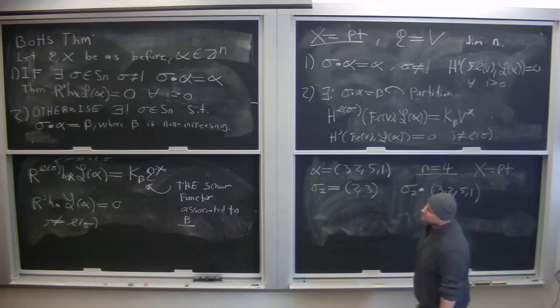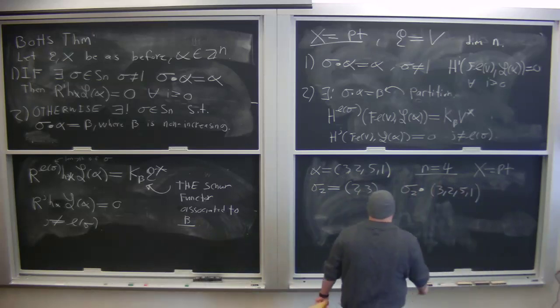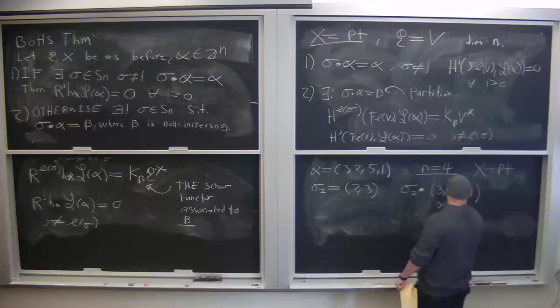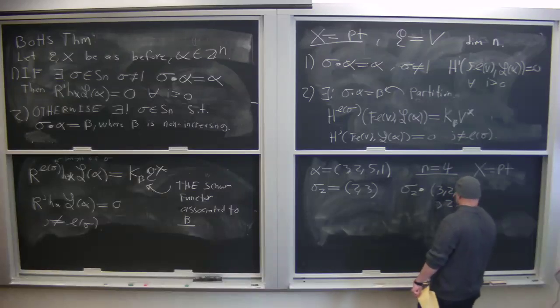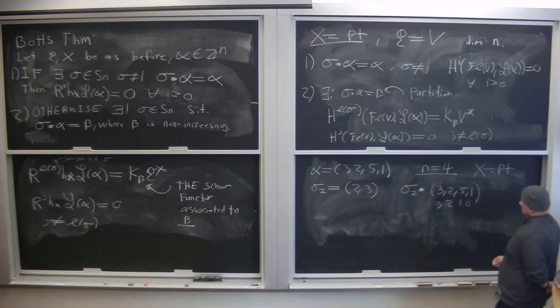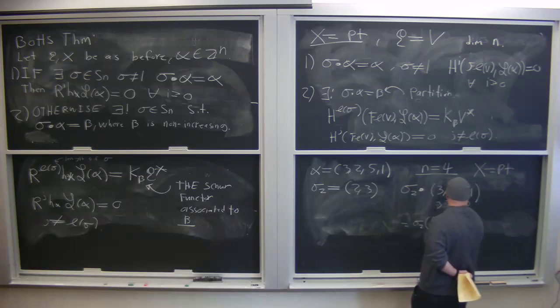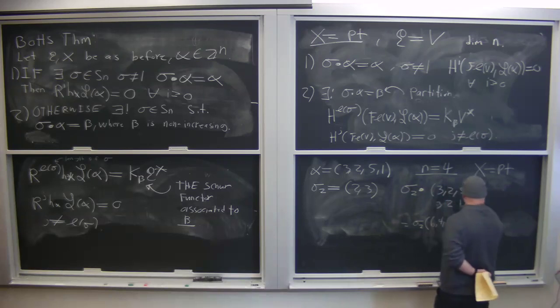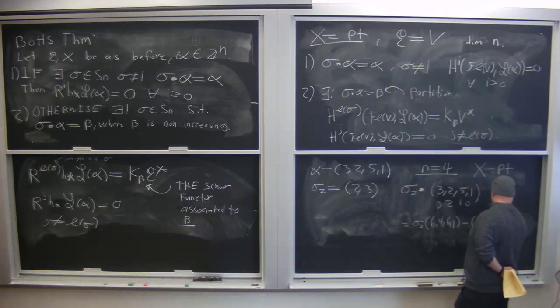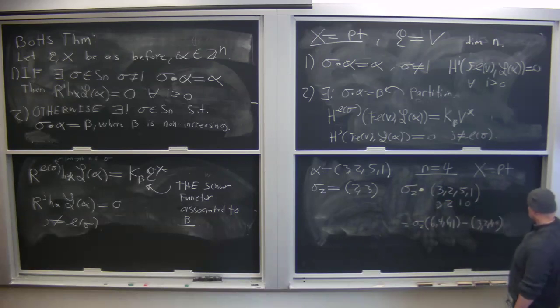What do I have to do? I have to add 3, 2, 1, 0. So this is sigma 2 of 6, 4, 6, 1 minus 3, 2, 1, 0.